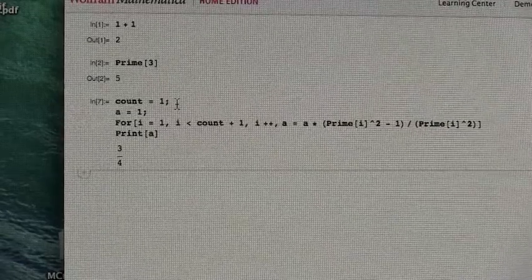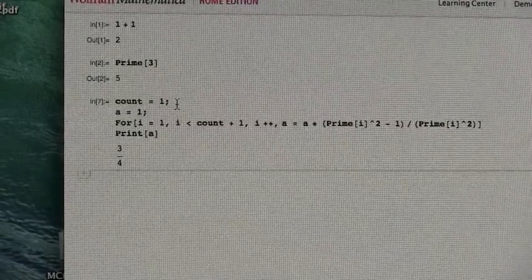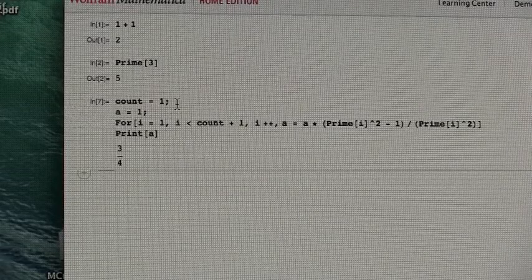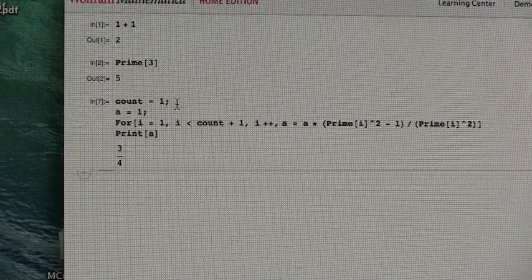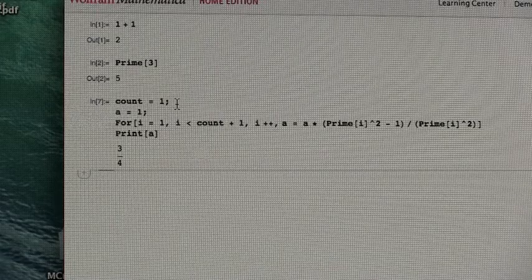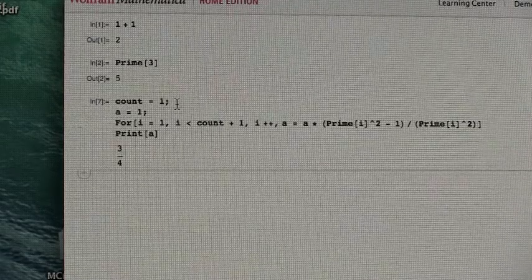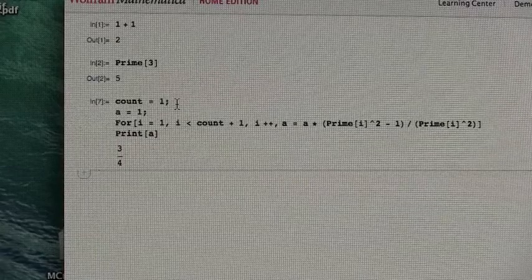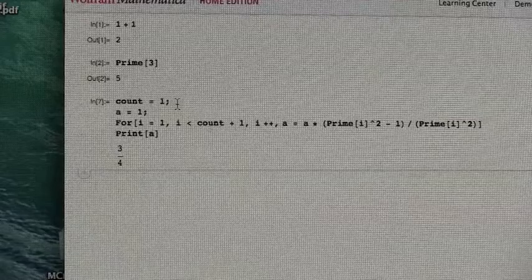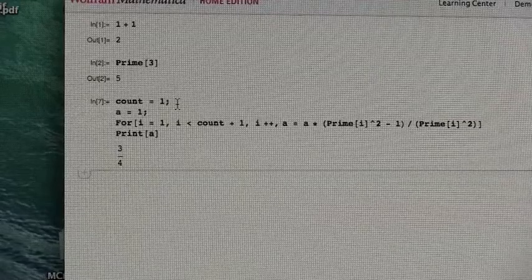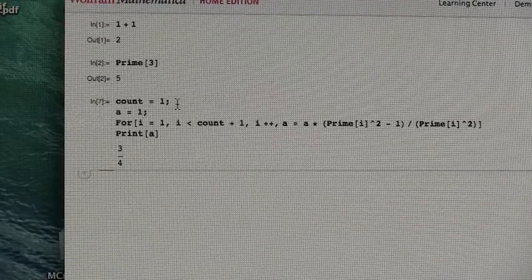Okay. How do you get those numbers? Well, how do you describe those numbers? 3/4, 8/9, 24/25. How do you describe those numbers? They're one unit less than 1, like 1/4, 1/8. All right.